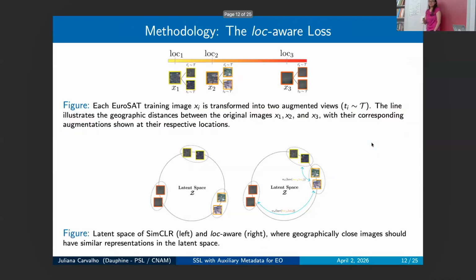And our idea is very similar to our references. We decided to look just at the locations. So two images that have similar locations should be close together in the latent space, while ones that are farther away should also be far away in the latent space.